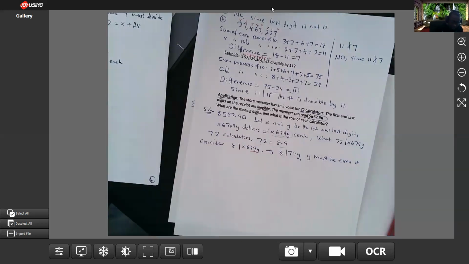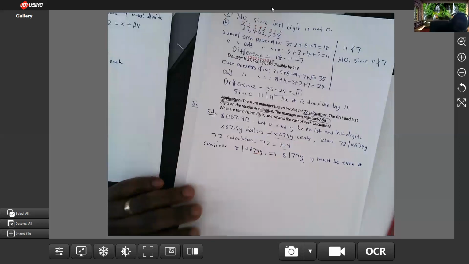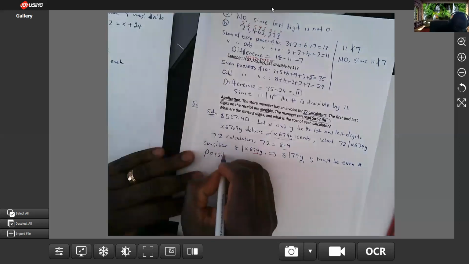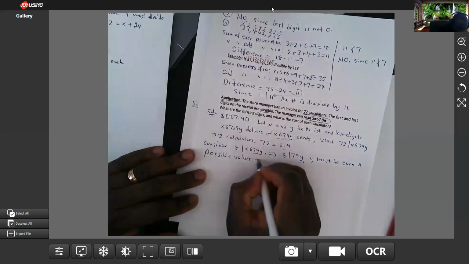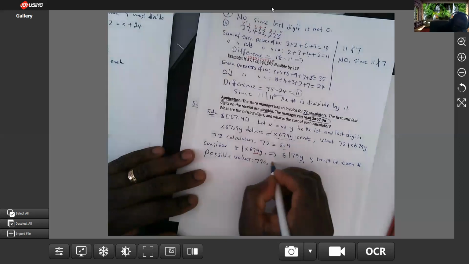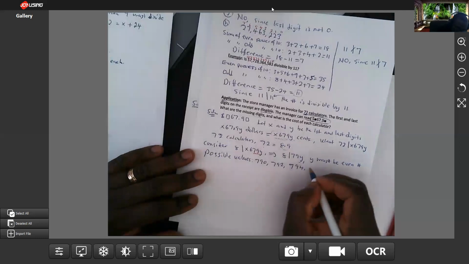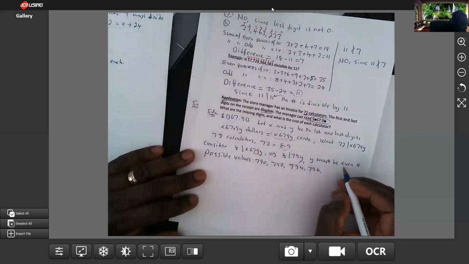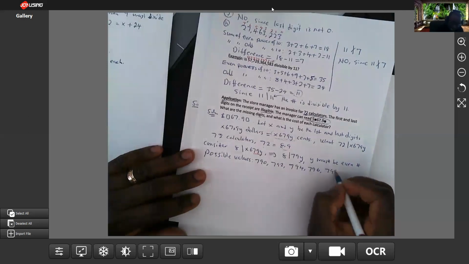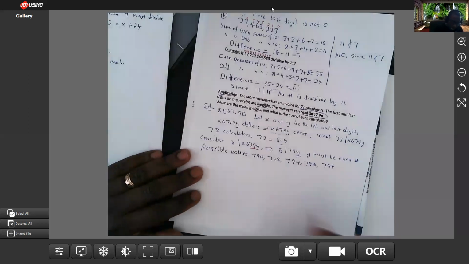So then we want to look at the possible values that Y can be. We can have 790, 792, 794, 796, and 798. Now among these possible values, which of them is divisible by 8?